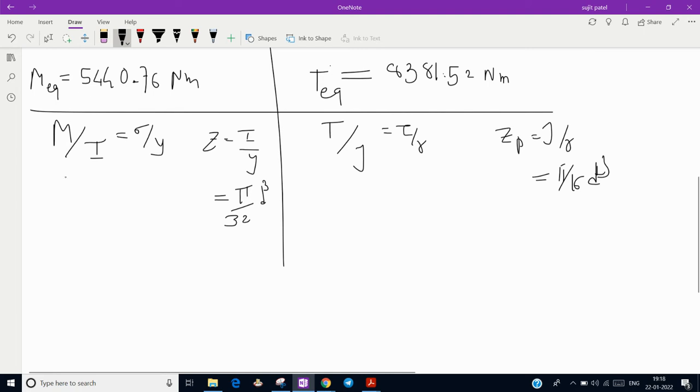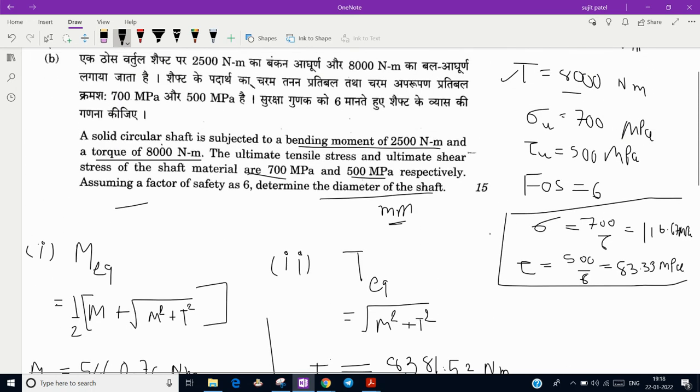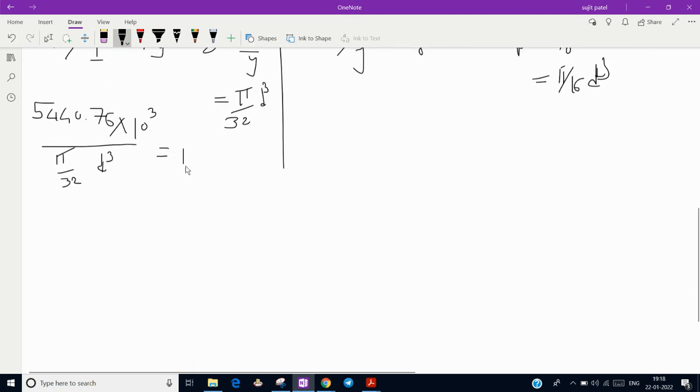Bending moment M is 5440.76. Here it is Newton meter, but we want our answer in mm, so multiply with 10 power 3. The section modulus I by Y is pi by 32 d cube, and the working tensile stress is 116.67 megapascal.